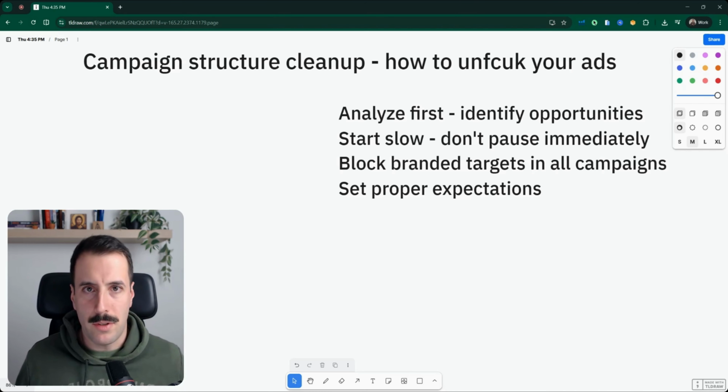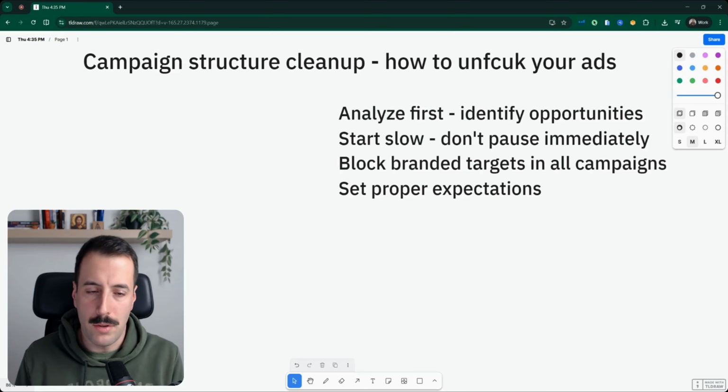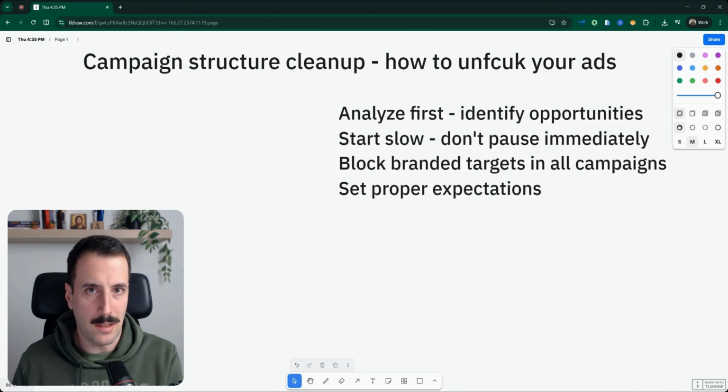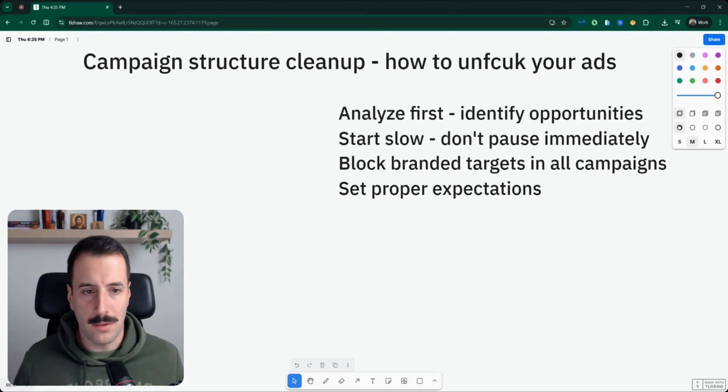So what you have to do is analyze which ad group is going to be left inside the campaign. And if there are a few, you need to decide which ad group is going to stay, because we want to have one campaign, one ad group, and up to 10 targets in one ad group. To accomplish that, you need to carefully analyze.